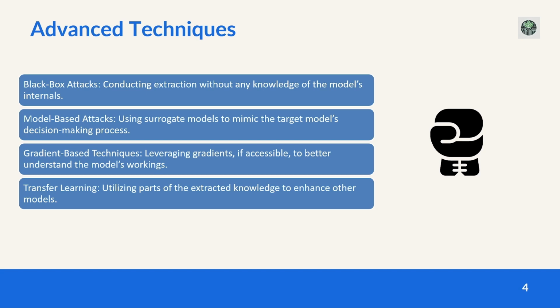Gradient-based techniques involve leveraging gradients, if accessible, to better understand the workings of the model internally. Finally, there's transfer learning, where extracted knowledge from one model is used to enhance or develop other models. Sometimes this can happen even in completely different domains.